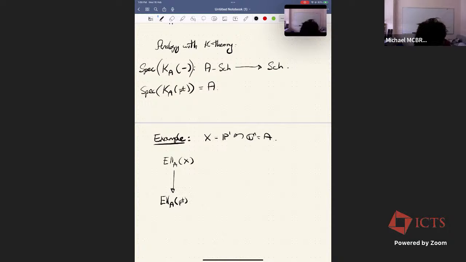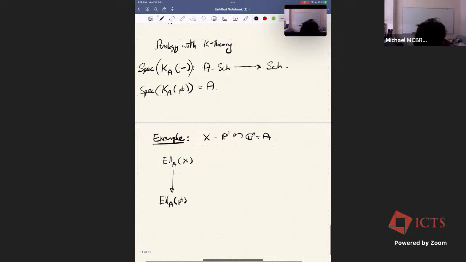So what's this elliptic cohomology of a point? We know that's just the elliptic curve that we started with. Let me draw it somewhat non-standardly as a line. And the elliptic cohomology of X is going to be just two copies of this elliptic curve meeting at a point.